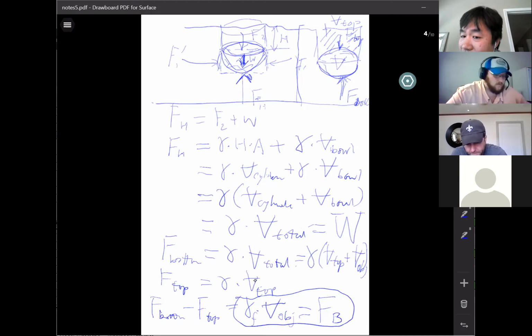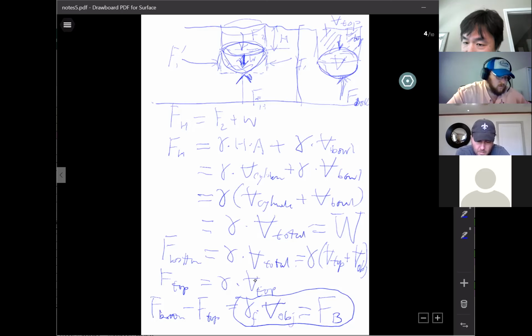But when you calculate the weight, it is gamma of this object times the volume. When you calculate the buoyancy force, it's gamma of the fluid times the volume. There are subtle differences here.